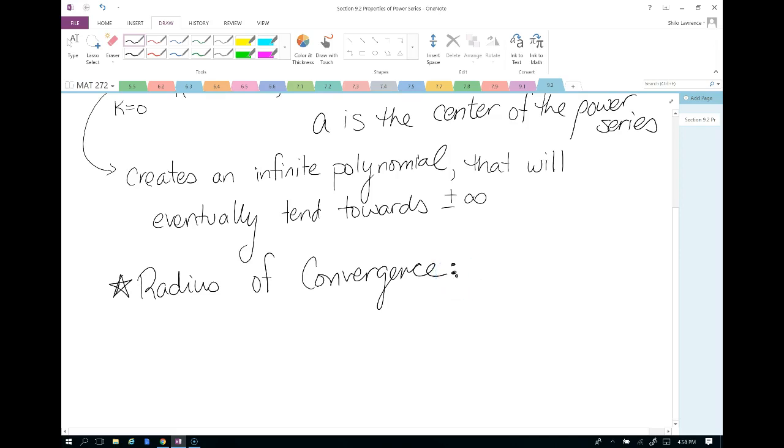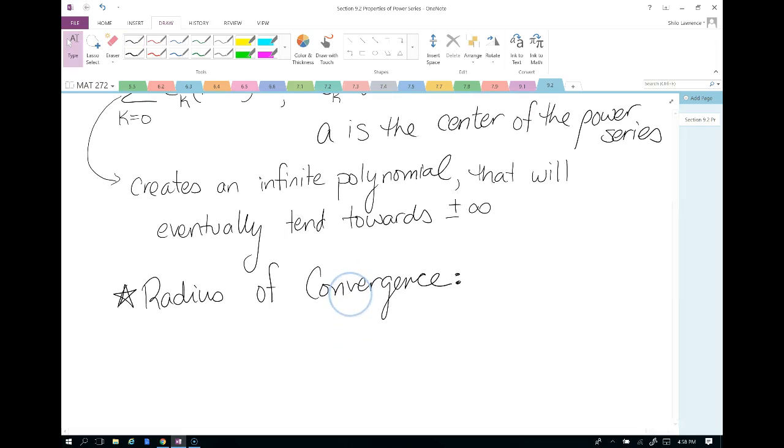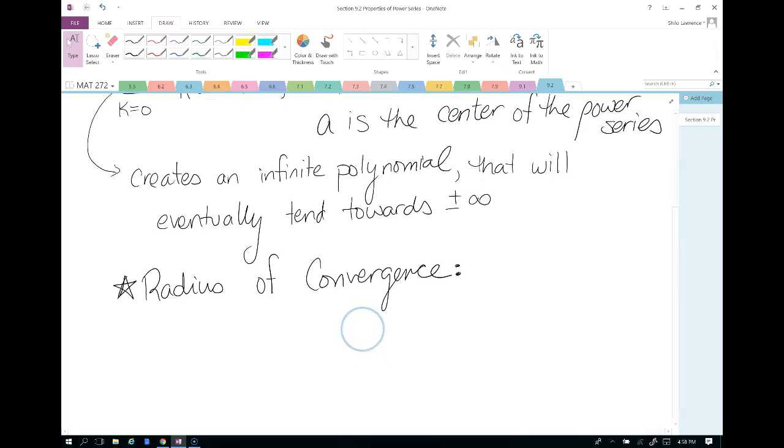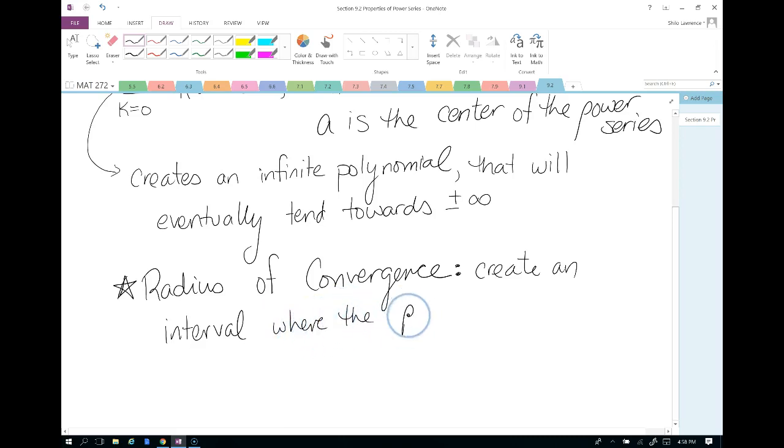It's a fairly complex idea, but the radius of convergence tells us a couple things. It tells us the interval, or with it we can create an interval, where the polynomial has finite values.